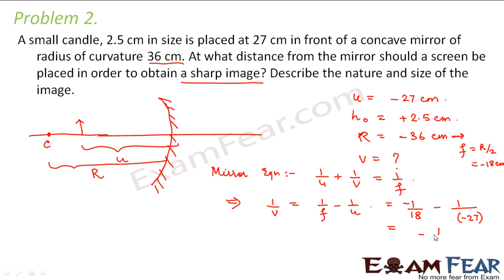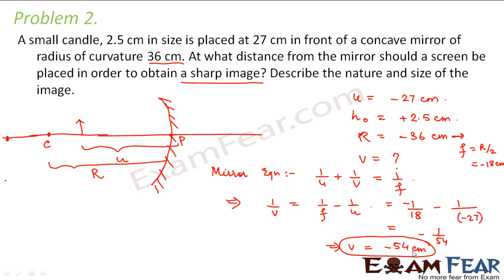So this comes out to be minus 1 by 54, which in turn comes out to be v is equal to minus 54 centimeters. So that means the position of the image would be 54 centimeters from the pole of the mirror. And since it is negative, that means it would be along this side. So that means the image will be formed somewhere here.